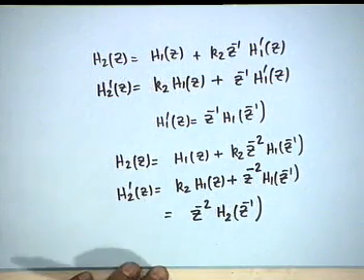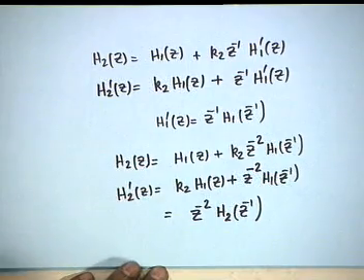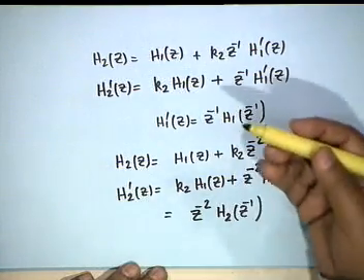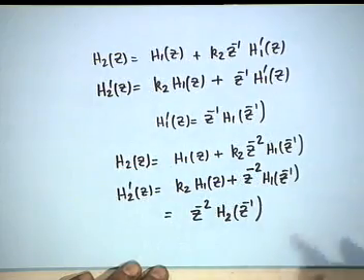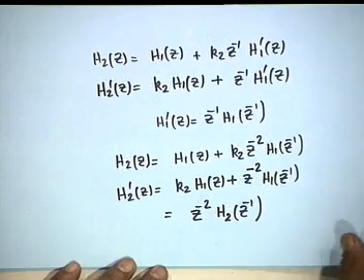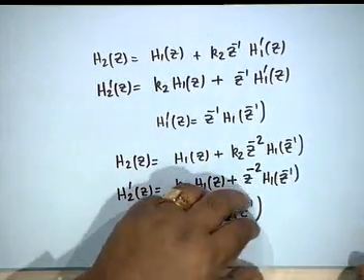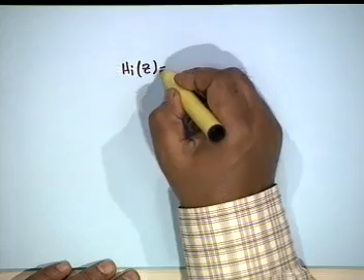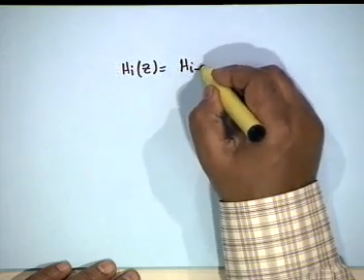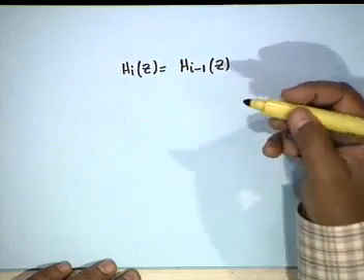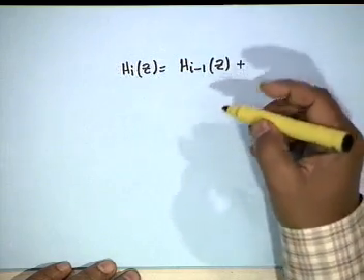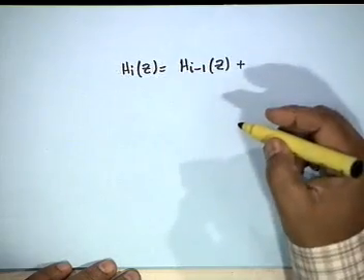And by induction, what has been shown true for i equal to 1 and 2, by induction you can show that Hi(z) is equal to Hi minus 1(z). Well, first let us write the equation in terms of primes, then we shall write the other equation also.